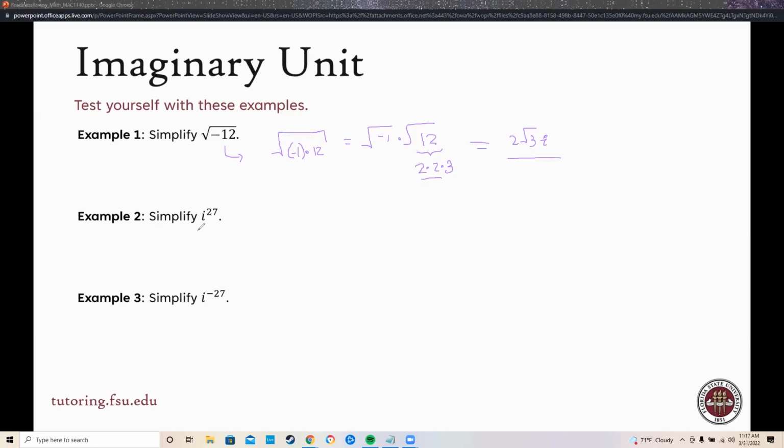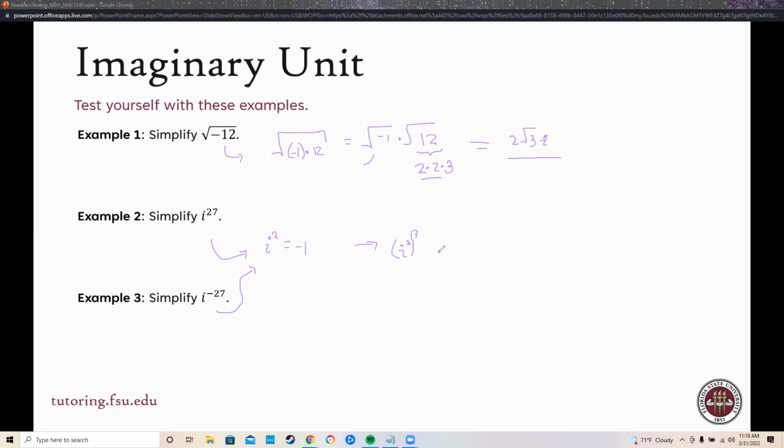The example will show you here in a second, but to simplify something like these, the best method is to realize that i squared is equal to -1, because, theoretically speaking, if you square this imaginary unit, you'd have a -1. So if you use that fact, you can turn this 27 into a 26 and then i squared raised to the 13, which gives you 26.